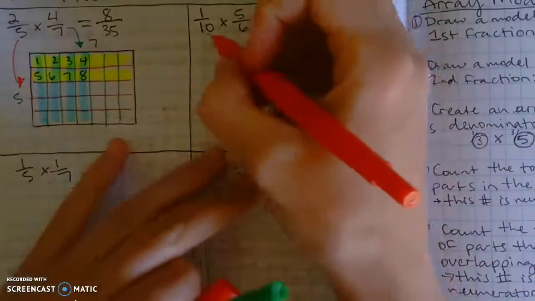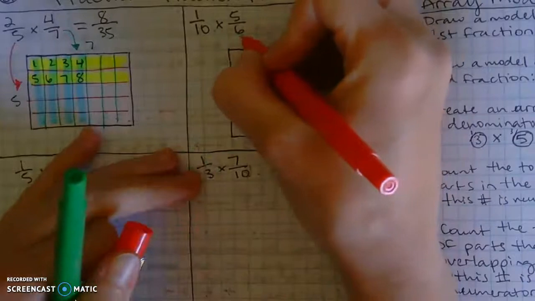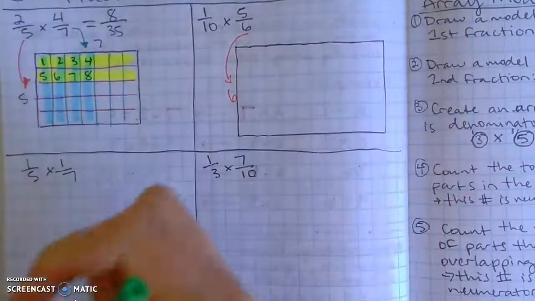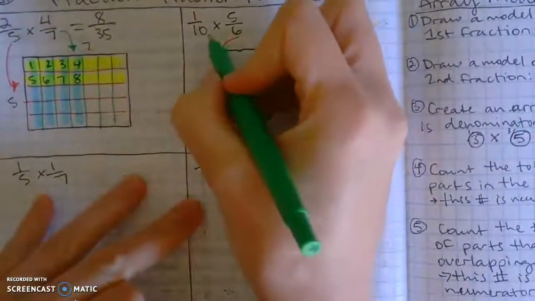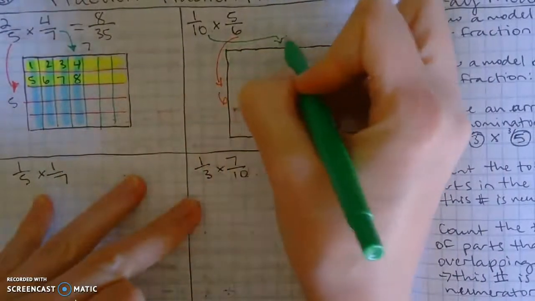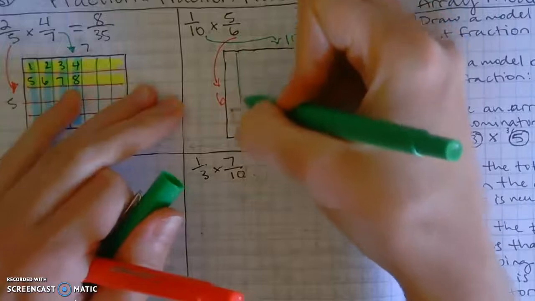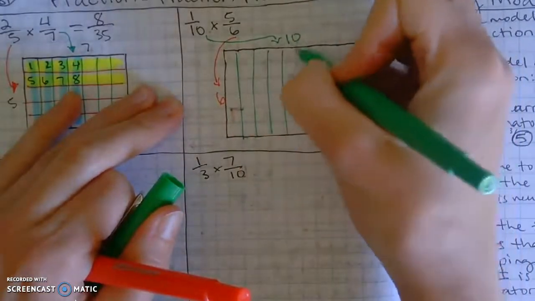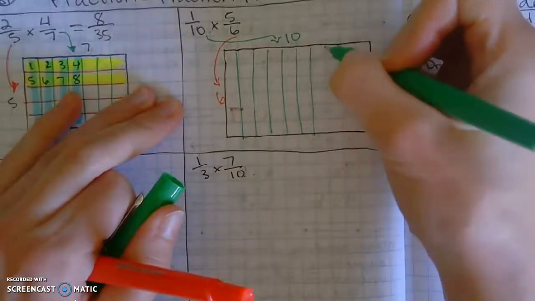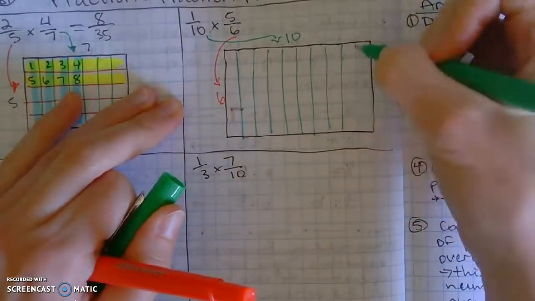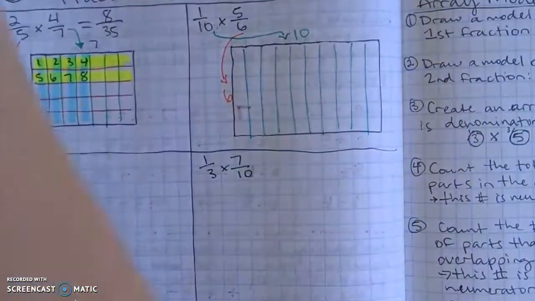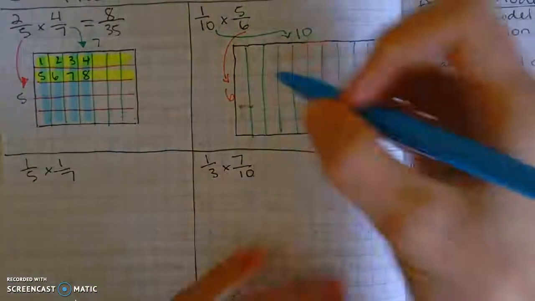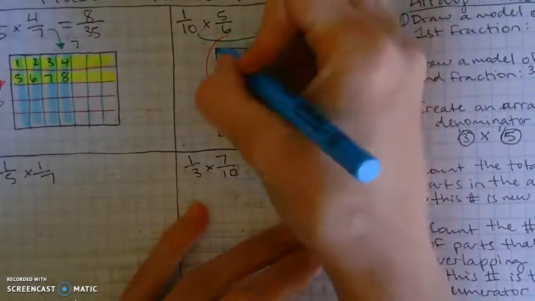Now we're going to do those colors. I'm going to do 6 right here, and my 10 is going to go over here: 1, 2, 3, 4, 5, 6, 7, 8, 9, and 10. And then I'm going to do my 1/10.